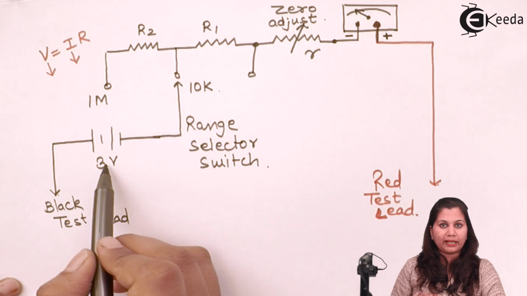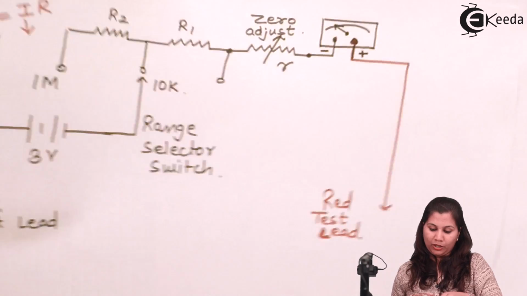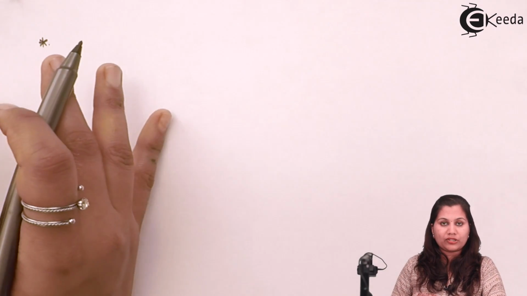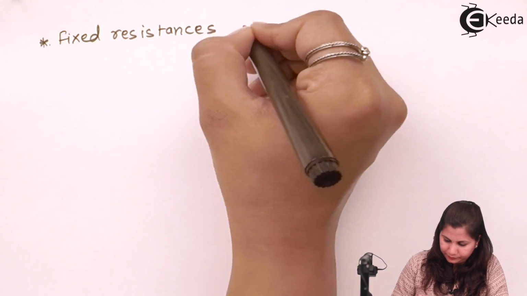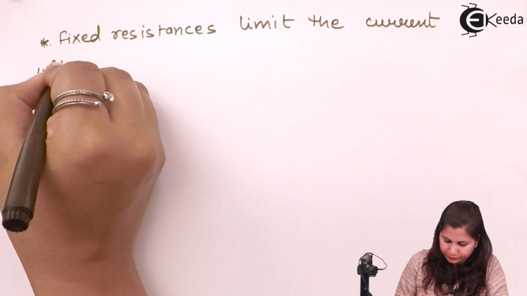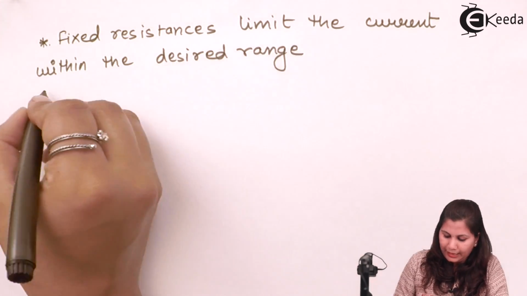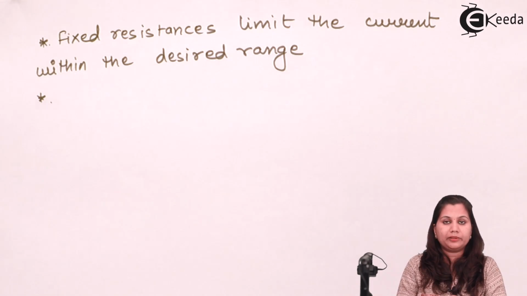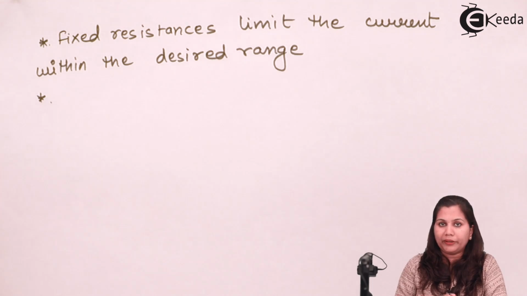Voltage is constant by this 3 volt battery, current will be varied. Okay, so what's the function of the fixed resistances? To limit the value of current through the circuit. And what is the function of the variable resistance R? It is used for the zero adjustment of the pointer.